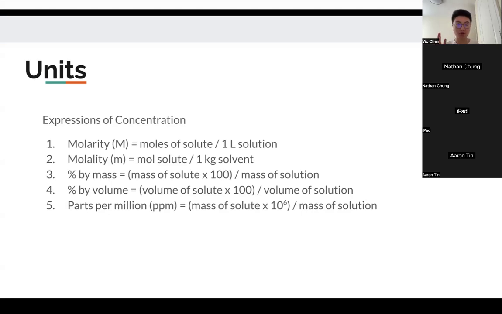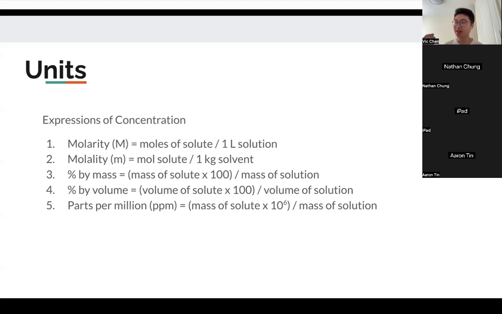Molarity, which is the most important one that we should be focusing on today, because it is also very much heavily used in the equilibrium aspect of chemistry. Now, molarity is represented with a capital M, and this is the moles of the solute.